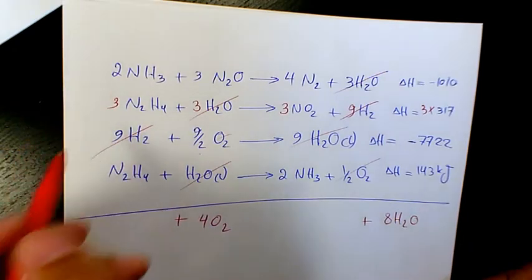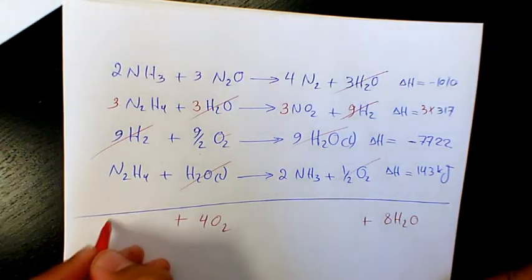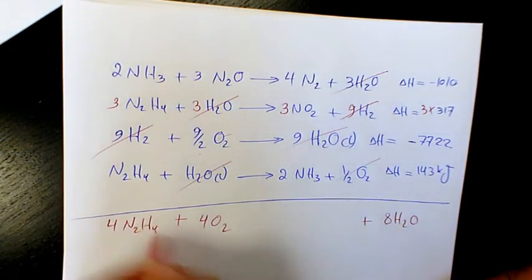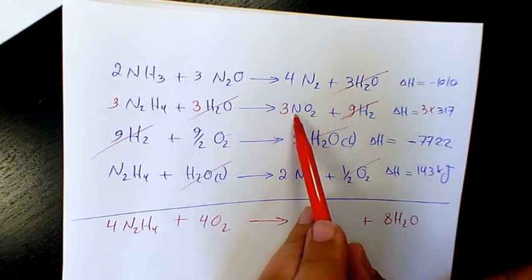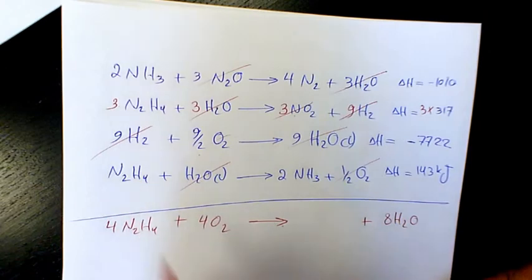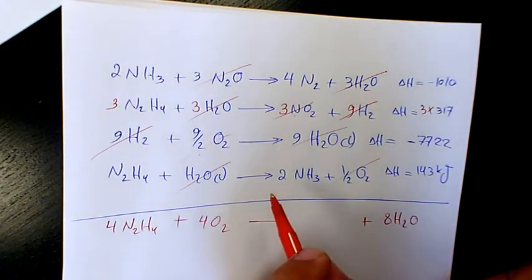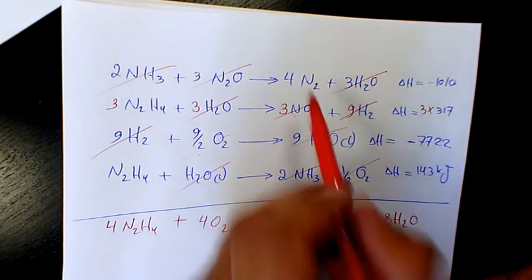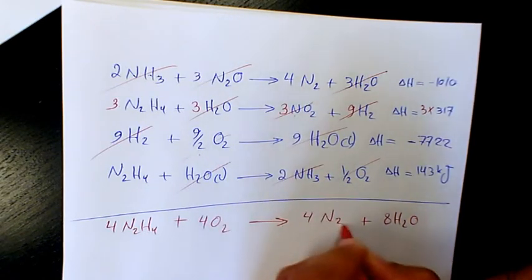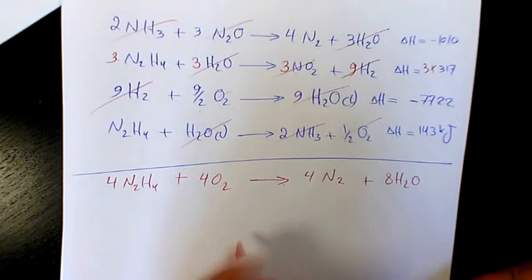We have 3 and 1, 4 N2H4 gives us N2O, and N2O cancels out. And 2NH3 and 2NH3 cancels out. We have 4 and 2 as well. So we need to divide everything by 4.